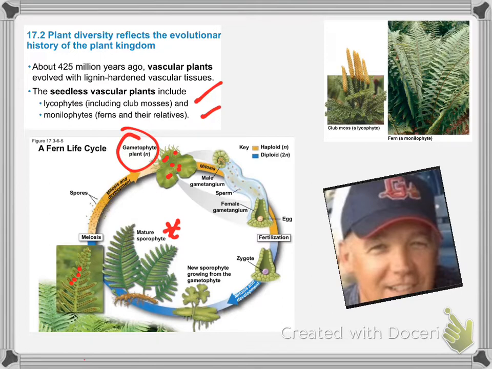And then with a film of water, those sperm cells are going to swim and fertilize the egg right on that green heart-shaped gametophyte is where that takes place. And so the new sporophyte kind of grows right out of the top of that. And so that's the life cycle of a fern. The sporophyte is the dominant form there, and the gametophyte is reduced.